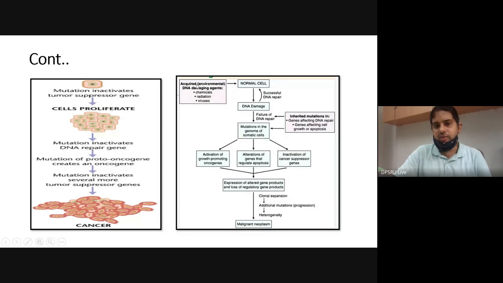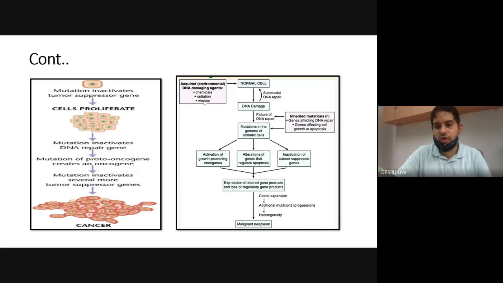But then there are environmental DNA-damaging agents like chemicals and radiations, particularly the radiations which we use for diagnostic purposes. That's why, in COVID time, many patients were going for a diagnosis, and again going for scanning.